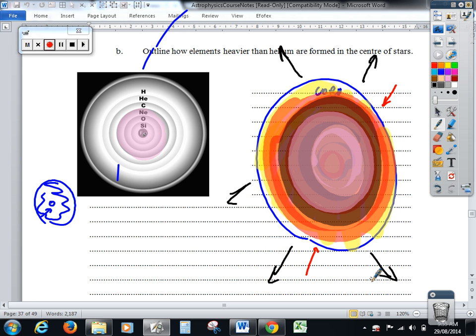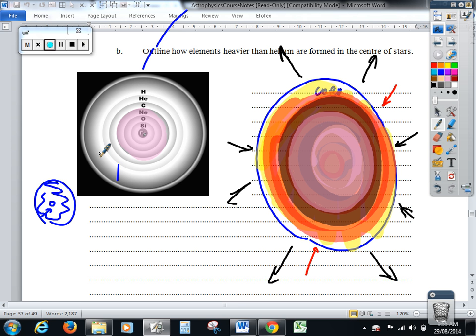What is also happening is the core is shrinking more and more, because as the core shrinks, it's able to have more pressure on the centre and cause these other fusions. So we have a gamut, a whole range of elements fusing at the same time.